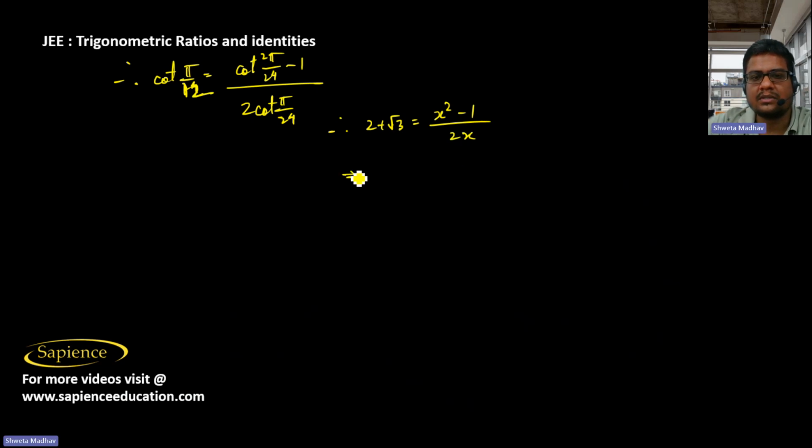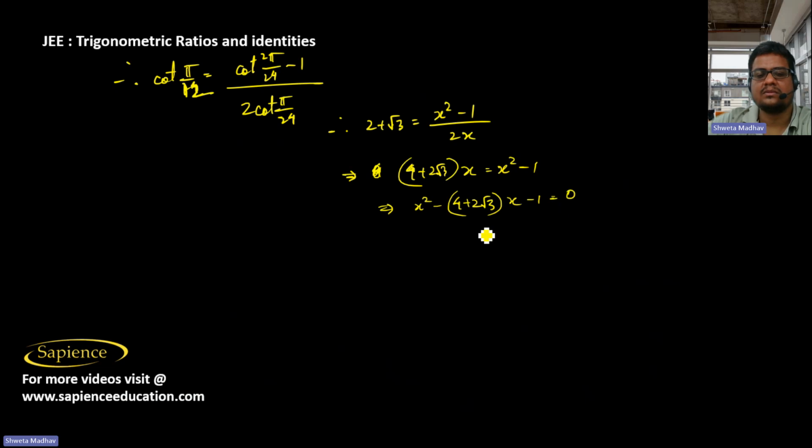So now if we multiply this, we have to find the x value. 4 plus 2 root 3 into x equals x square minus 1. Therefore x square minus 4 plus 2 root 3 into x minus 1 is equal to 0. So x will be equal to minus b plus or minus square root of b square minus 4ac by 2a.